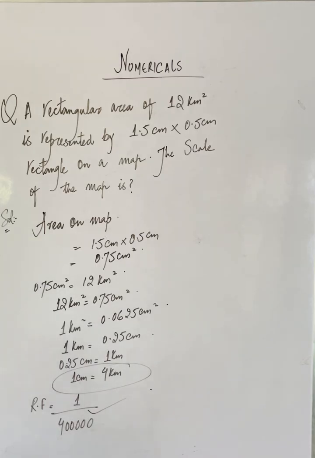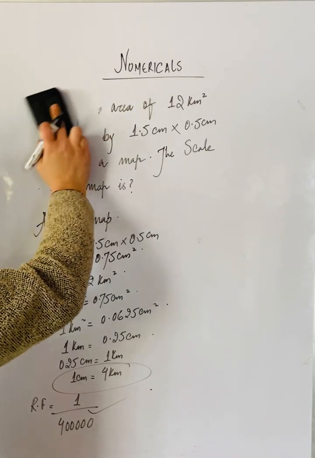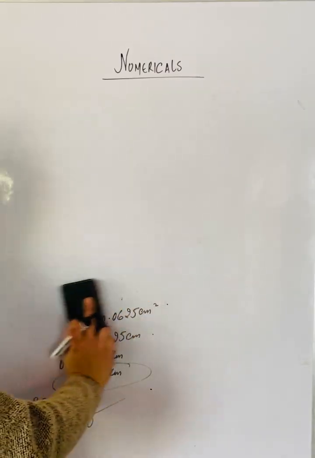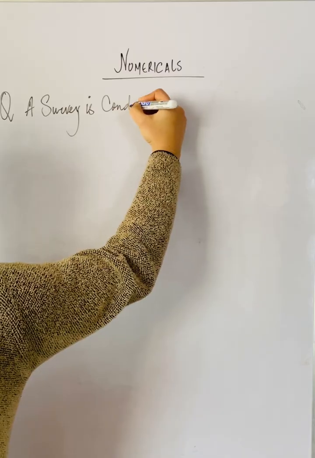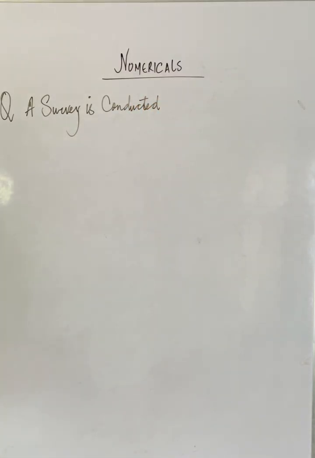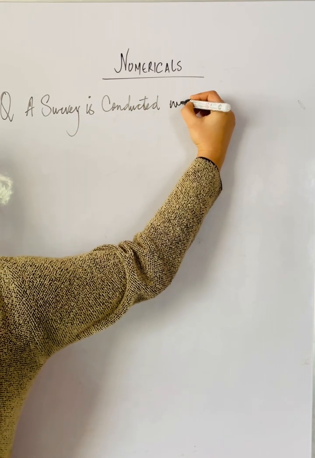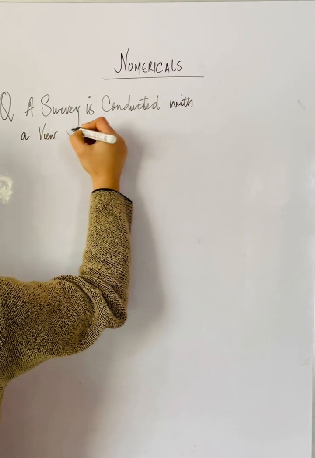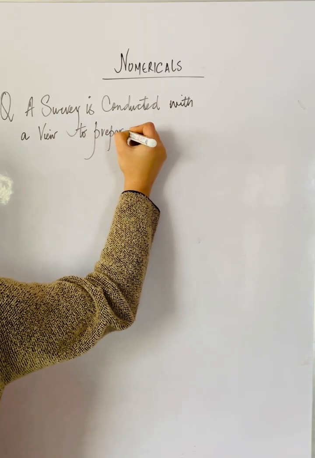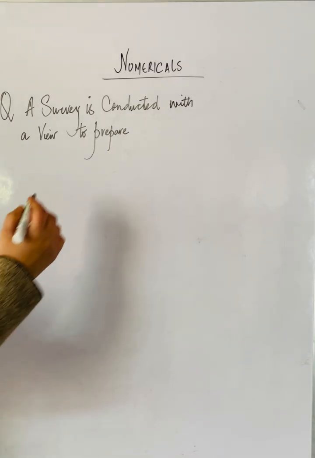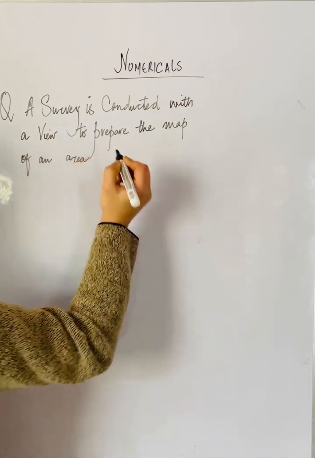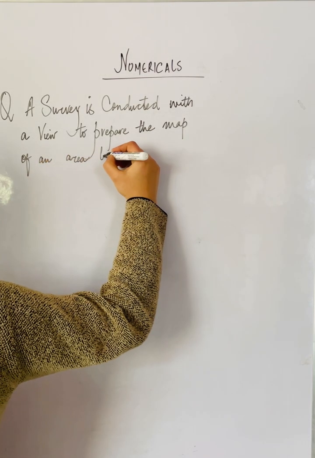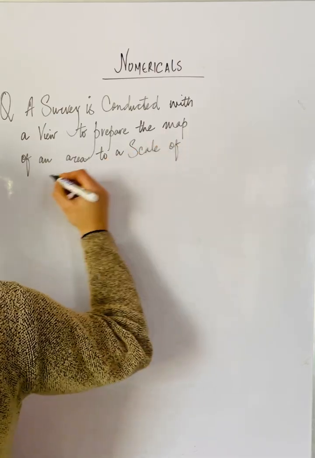Let's solve another question. So the question is, a survey is conducted with a view to prepare the map of an area to a scale of 1:1000.